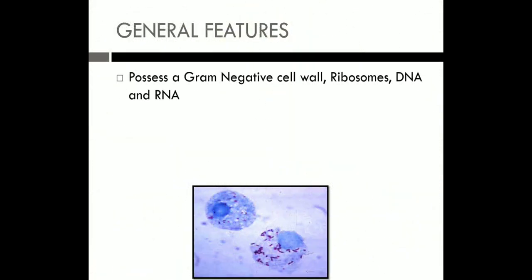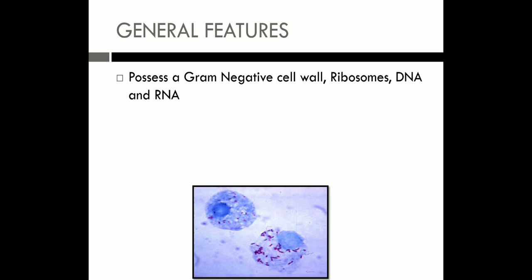One thing we should remember about genus Rickettsia is that they generally have a gram-negative cell wall, which is composed of peptidoglycan, lipopolysaccharide, and an outer membrane consisting of few proteins. They also have ribosomes for protein synthesis and also possess both DNA and RNA.